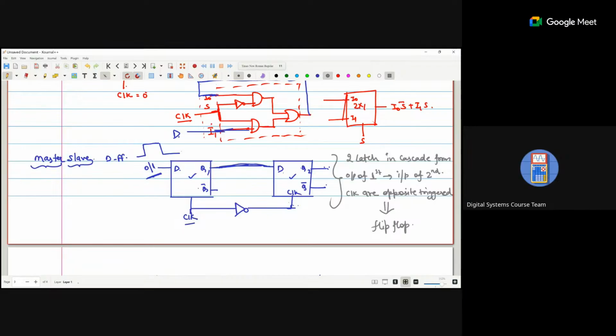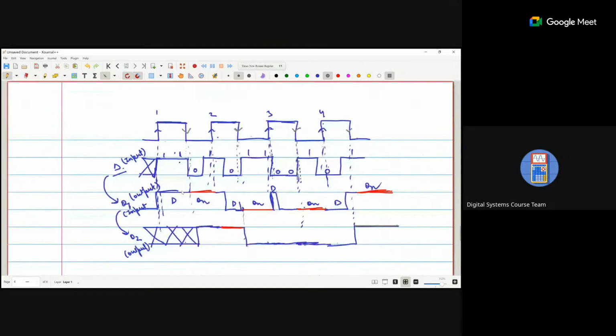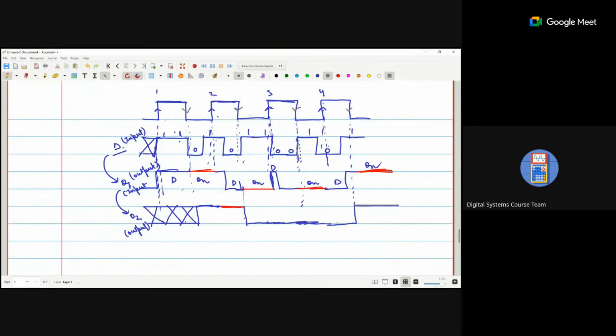Okay, because if we are using this configuration, my output will change only at the edge. The output is constant on the basis of data, but the output is changed on this edge. So my output only changes on the edges.